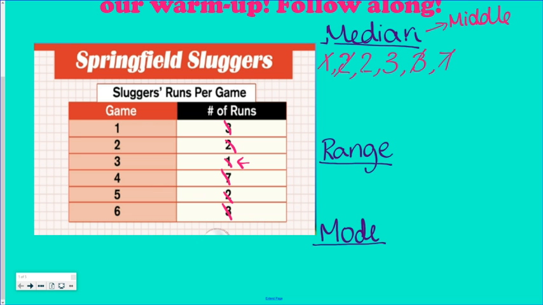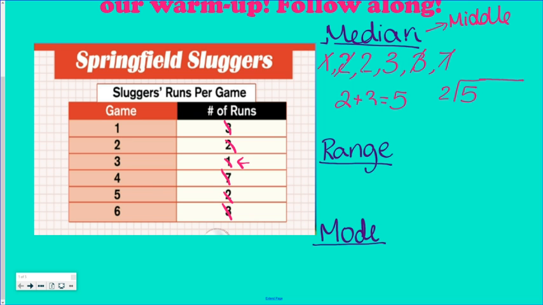So I need to find what's in between 2 and 3. To do that, we're going to take 2 plus 3, which gives us 5. And we're going to divide that value by 2 because that's going to tell us the value in between 2 and 3.